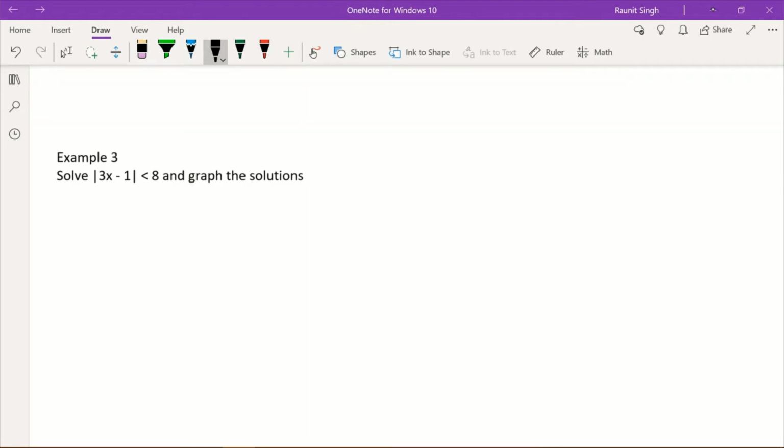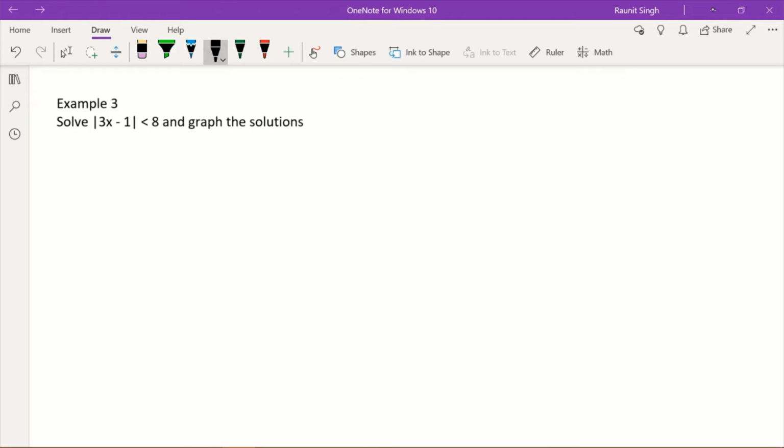Okay, our next example, we have the absolute value of 3x minus 1, and it has to be less than 8. Here's what we can do. We can do negative 8 is less than 3x minus 1, which is less than 8.